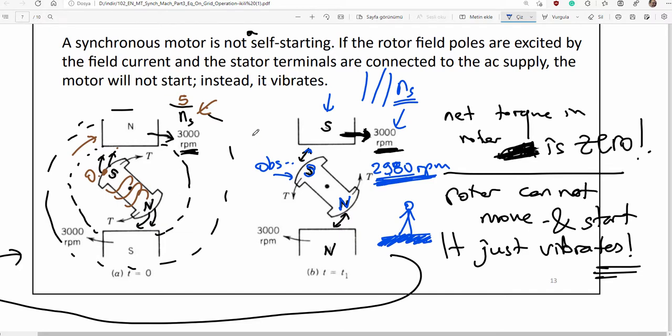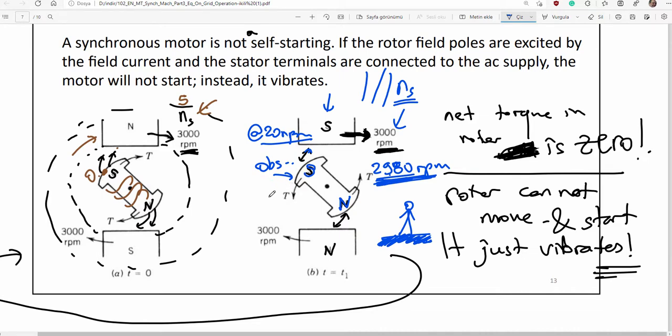It rotates at 20 rpm, revolutions per minute. There are 20 rotations with respect to the rotor's position in a minute.